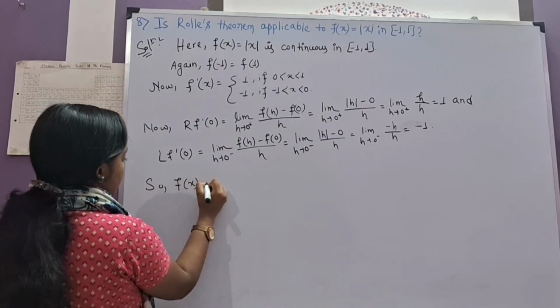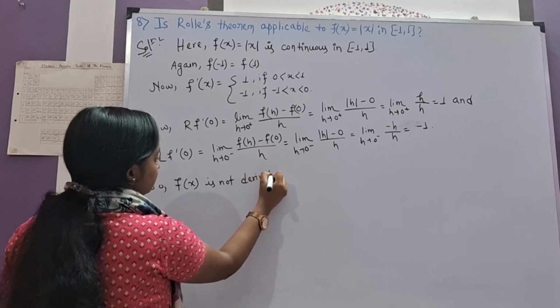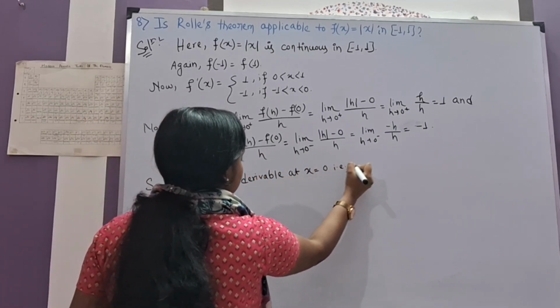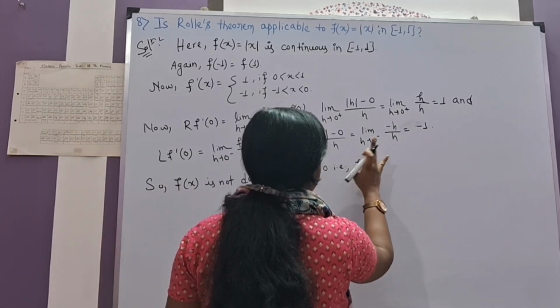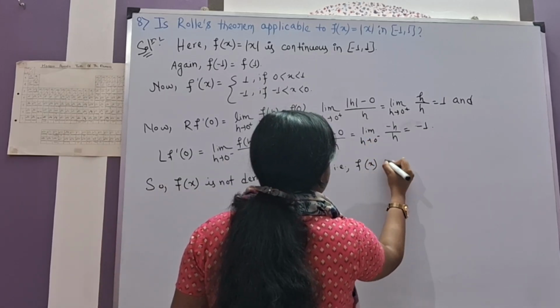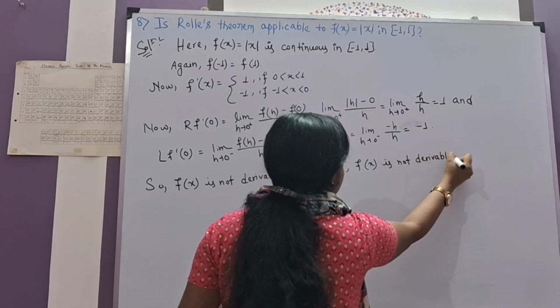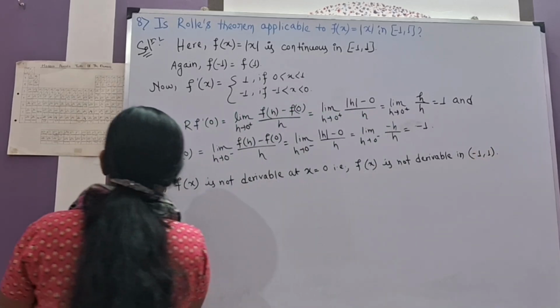So f of x is not derivable at x equal to 0. That is, f of x is not derivable in open interval minus 1 comma 1.